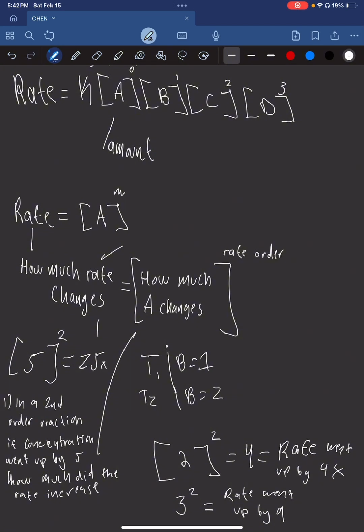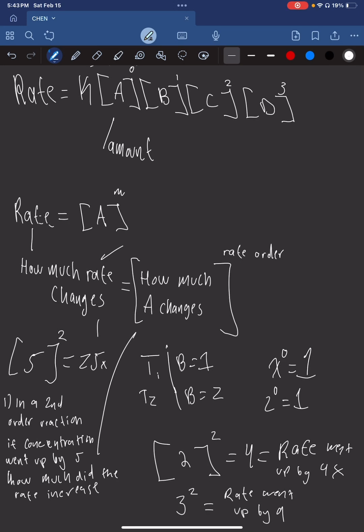What about a zero order reaction? We know that anything to the power of 0 is equal to 1. Therefore, if it changed by a factor of 2 to the 0, the rate will change by a factor of 1, aka it won't change, meaning a zero order reaction is independent of the increase in concentration. For first order reaction, if it increases by factor 2, the rate will also change by factor 2. And the first order reaction, if it goes up by factor 10, it's the same thing.